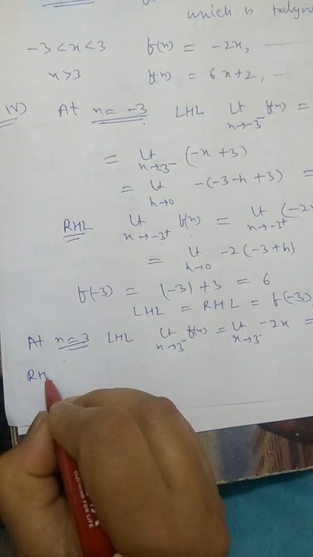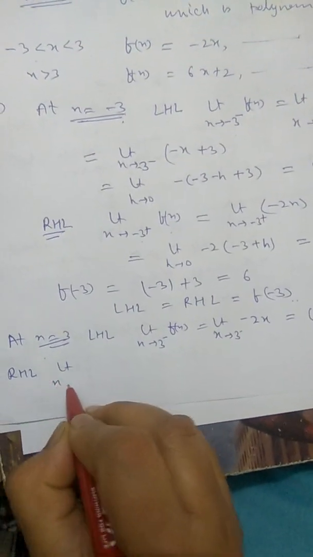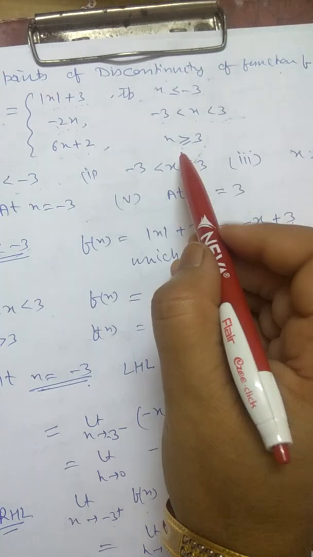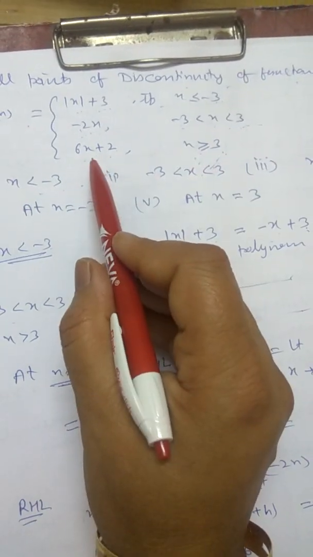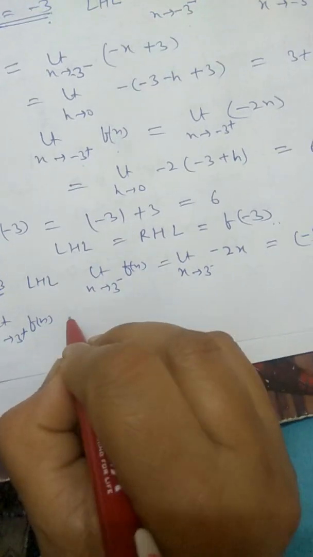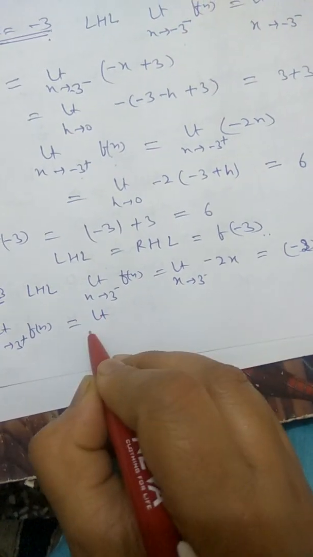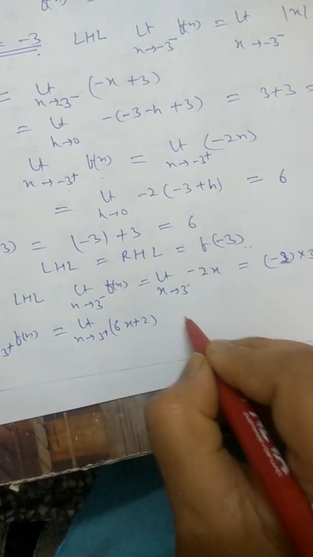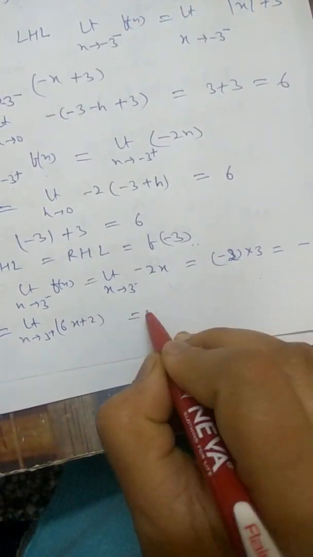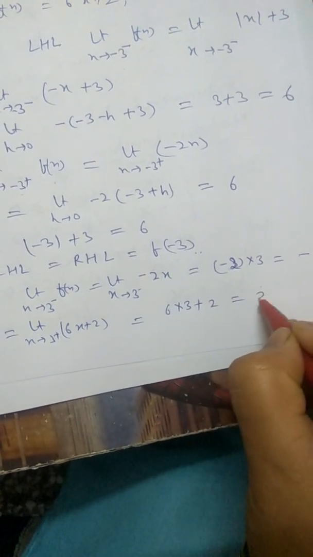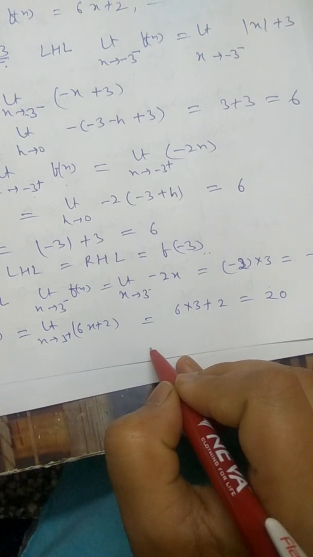And now right hand limit. Right hand limit, x tends to 3 positive f(x). For 3 positive, that means greater than 3, the function is 6x plus 2. Substitute here. It becomes limit x tends to 3 positive of 6x plus 2, and therefore you will get 6 into 3 plus 2, that is equal to 20.